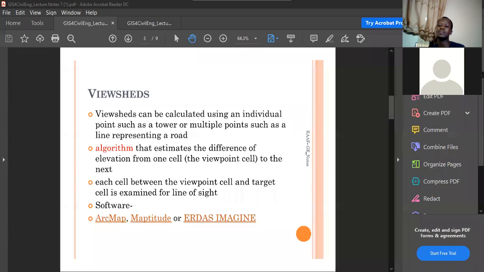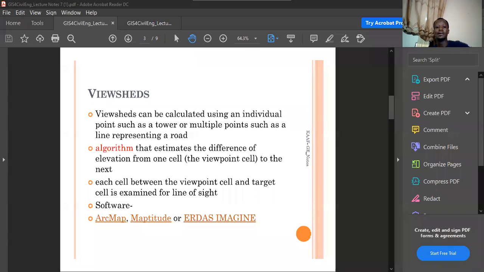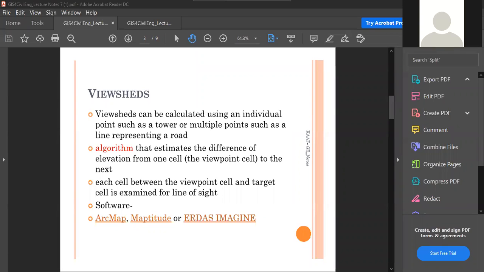A similar thing can be done with watershed. You can imagine watershed areas where water can reach when it's raining, for example. So you can look at the elevation values. They say water finds its own way, and another principle says water settles at the lowest point.